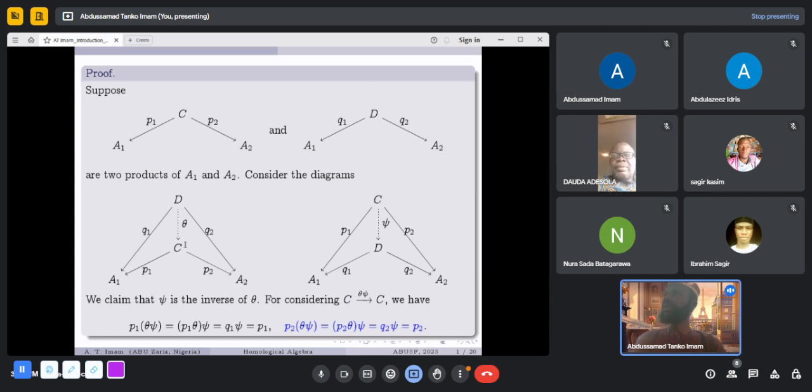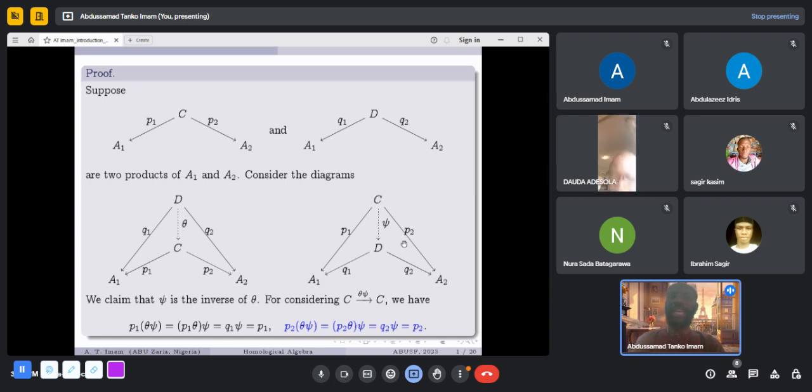You remember the definition of product. We say if C is the product, then give me any object X and maps from it into A1 and A2. Here I'm replacing X with D, with mappings from D into A1 and D into A2. But I already have maps from D to A1 and A2, the projections. So if I place these projections on top of this C here, then since C is a product, there exists a unique morphism theta from D to C, making this diagram commutative.